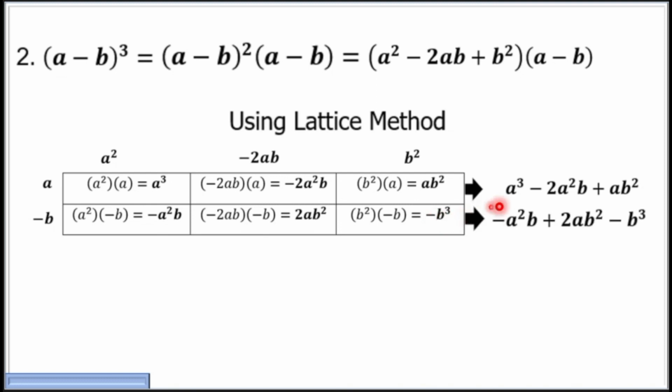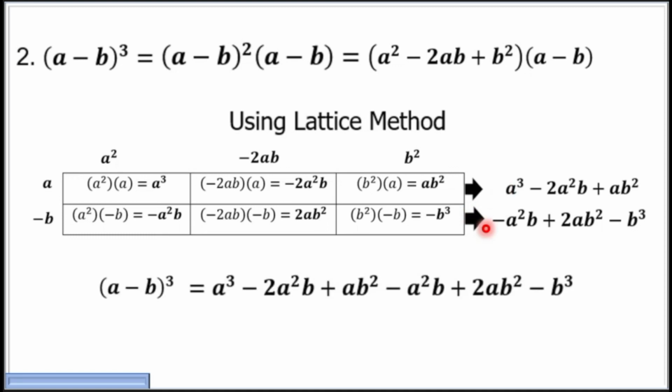Then we simplify those by adding them. Look at the first group: a cube minus 2a squared b plus ab squared minus a squared b plus 2ab squared minus b cube. So a cube minus 3a squared b plus 3ab squared minus b cube. How? Look for like terms.